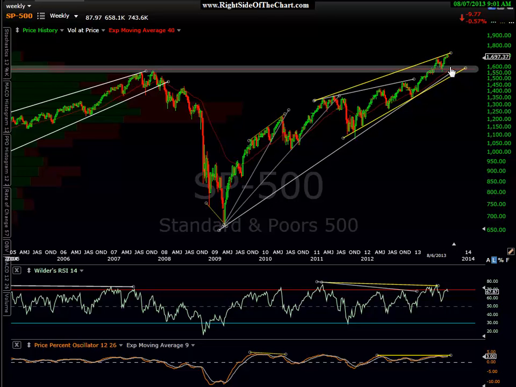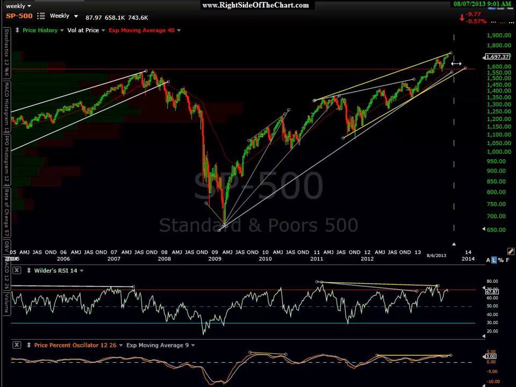So as long as we remain above this red line, that's bullish action. Now, being the fact that we already had one retest, to see prices come back here will really call those new highs into question. Yes, we can continue to retest. That is possible. But if you just take a quick visual here on these uptrend lines, these are key support lines. Here, the yellow uptrend line comes in right around that primary uptrend line, the white uptrend line.